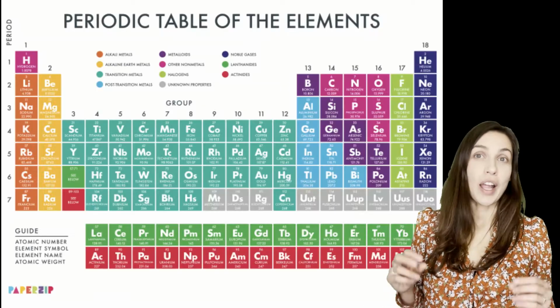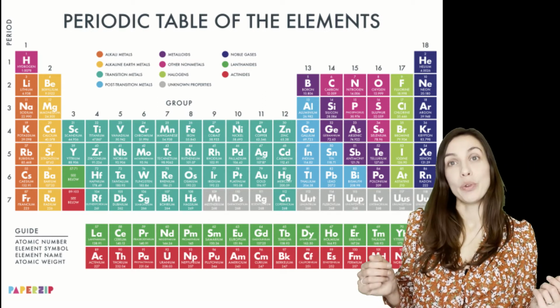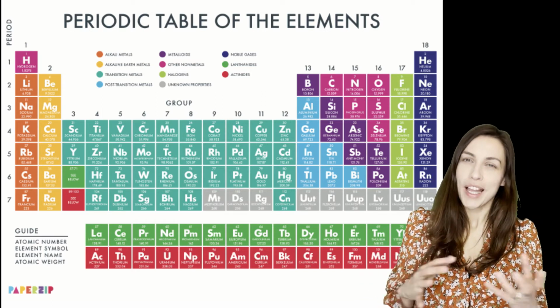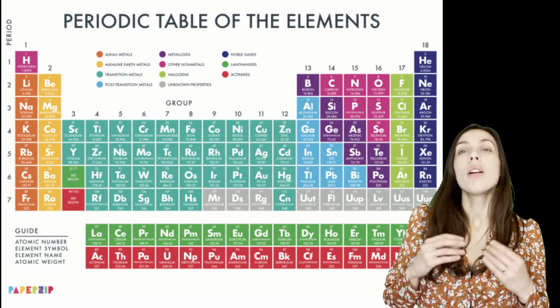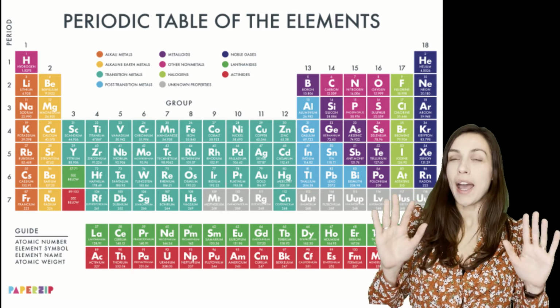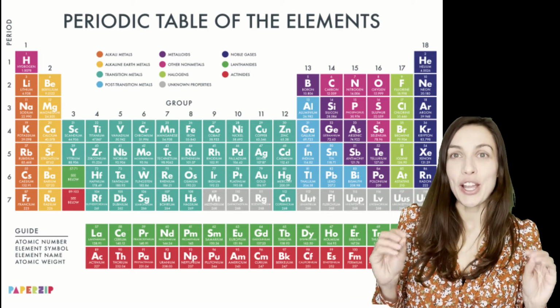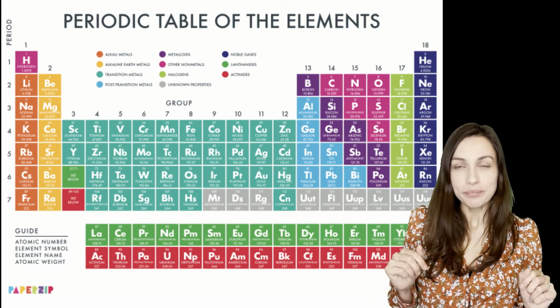There are over 100 different types of atoms that make up the universe. And in order for us humans to be able to think about the atoms and talk about them, we've organized all of the atoms that we know of into a chart, the periodic table of elements.